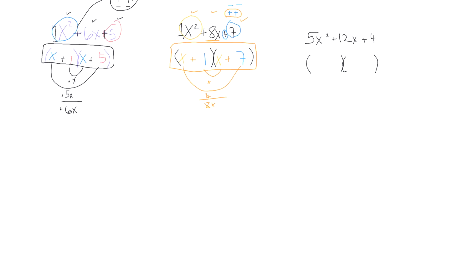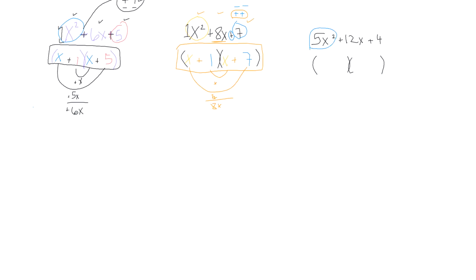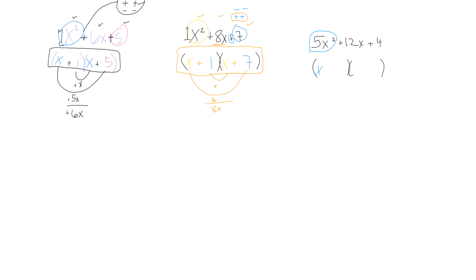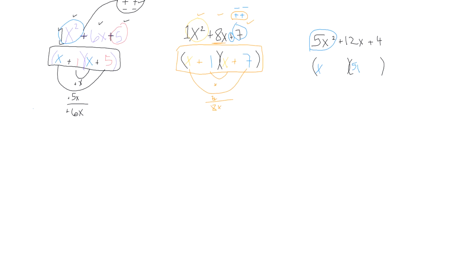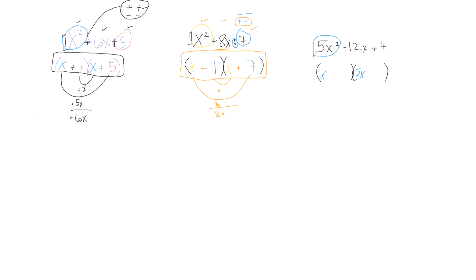The first term, what times what gives me 5x squared? Would it just be 1? Yes, just 1 times 5, right? So I have 1x and 5x. And I look at my last term.